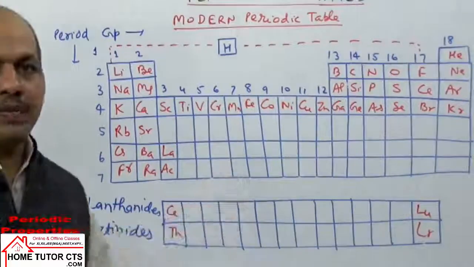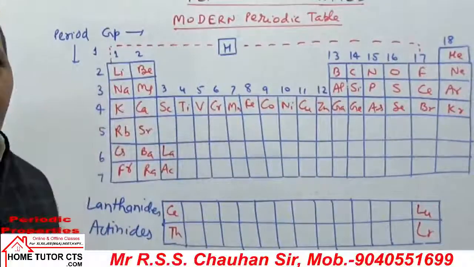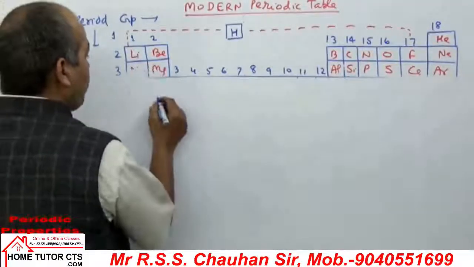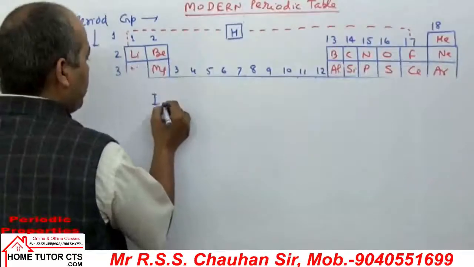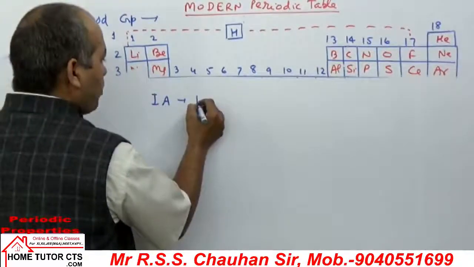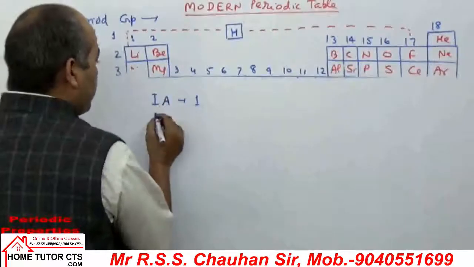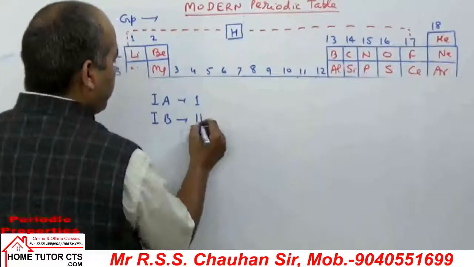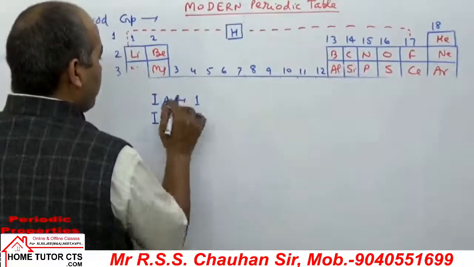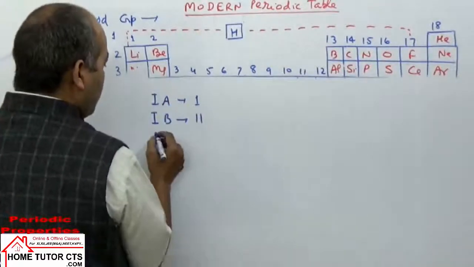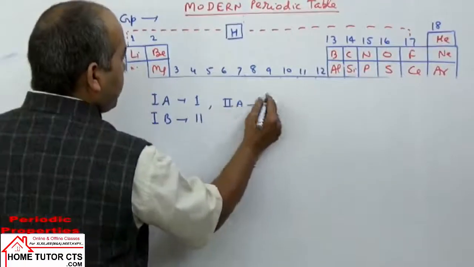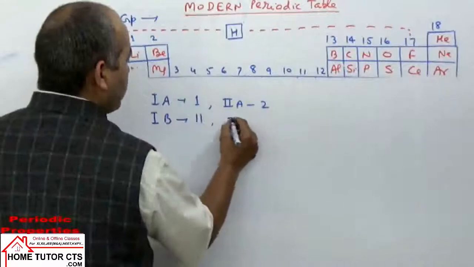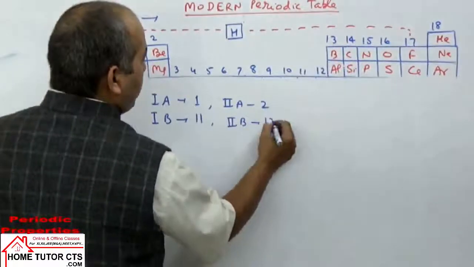Now what is the relation of A and B subgroups? Let us write that also. Group 1A is the same as group number 1, then 1B is group number 11. 2A is group number 2, 2B is group number 12.